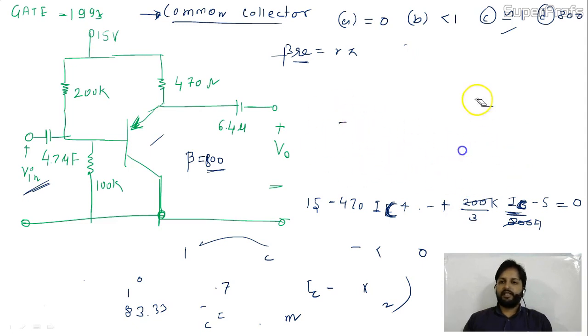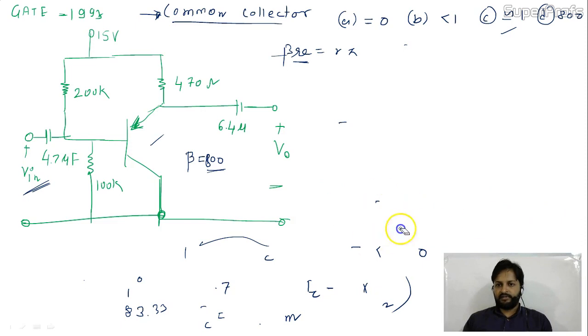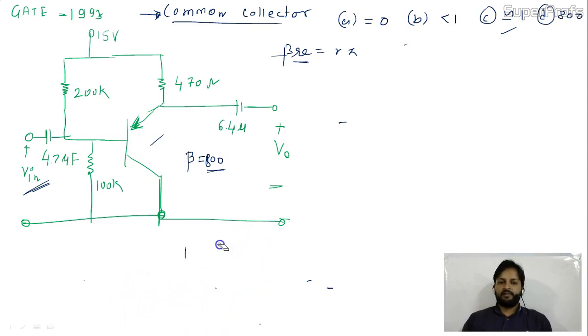Now we'll switch to the AC analysis. In the AC analysis, we turn off all DC sources, right? And we will solve the circuit. Let me show you the AC analysis now. But before doing the AC analysis, you need to calculate the transistor RE. So RE, what was the formula? VT divided by IC DC.